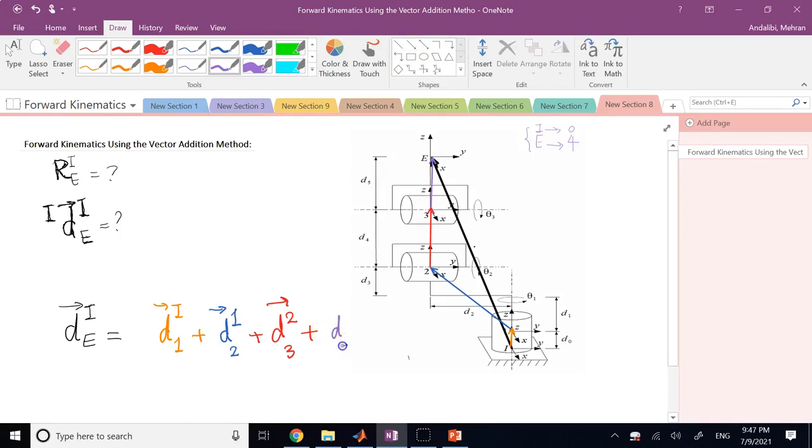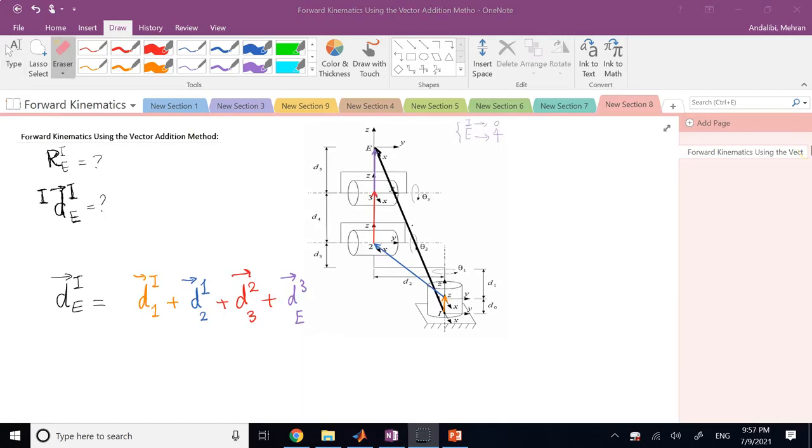You can write it d of E, or 4, in this case we call it E, not 4, with respect to 3. Agreed? So this is what you do. You break the big vector into the addition of the vectors that are going from the origin of one frame to the origin of the next frame. If I add these four small vectors together, I should be able to get what? The d of end effector in the inertial frame.